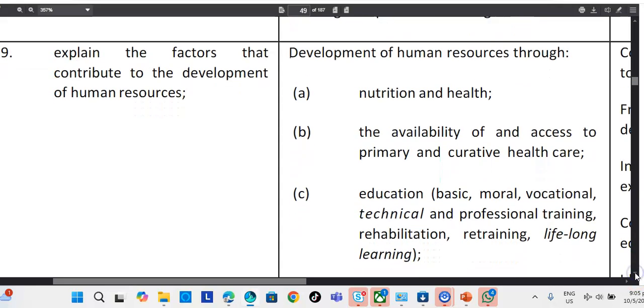We know that there are two types of health care. We have primary or preventative and secondary or curative health care. Primary health care has to deal with systems that prevent sicknesses, that prevent diseases from happening. Some of the ways that we can prevent ailments under primary health care is through education.